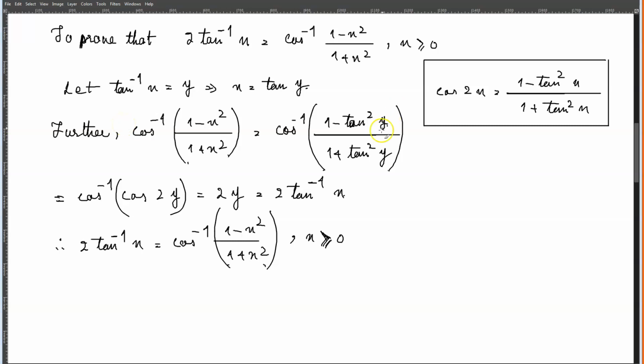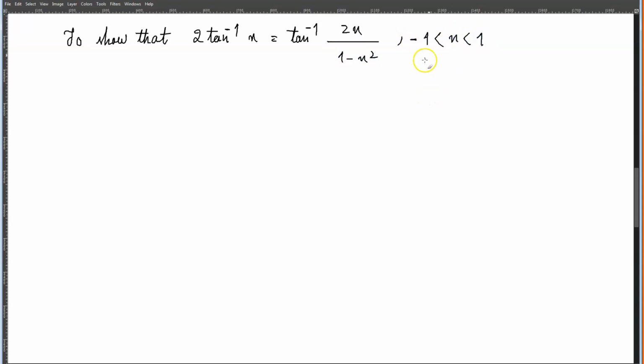Okay, so now to prove the third part here, we said that in order to show that 2 times tan inverse of x is equal to tan inverse of 2x over (1 minus x squared) for negative 1 less than x less than 1, again, I can say that if I set, for example, let tan inverse of x equal y, which means that x is equal to tan of y.